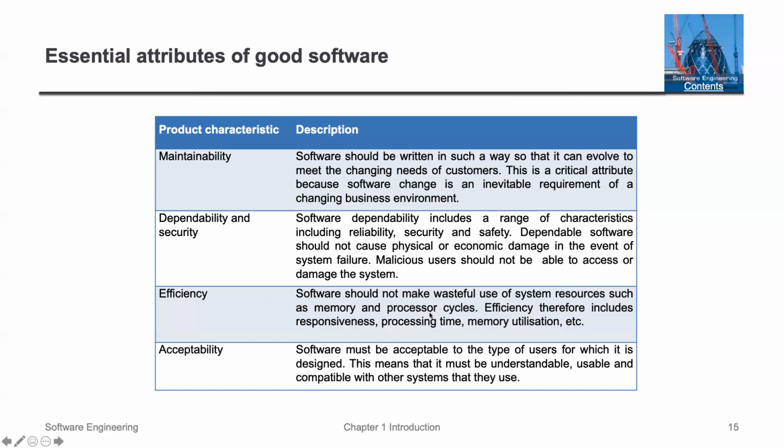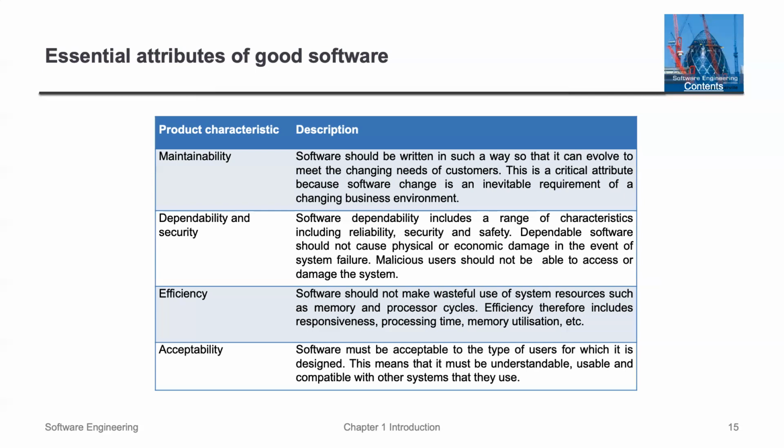In terms of efficiency, software should not make wasteful use of system resources, memory and processor cycles. Efficiency therefore includes responsiveness, processing time, memory utilization, et cetera. And if you have part of your deployment on mobile platforms, you're going to see that if you're not using resources efficiently, the battery is going to drain, and your user community is not going to be very pleased with this type of product.